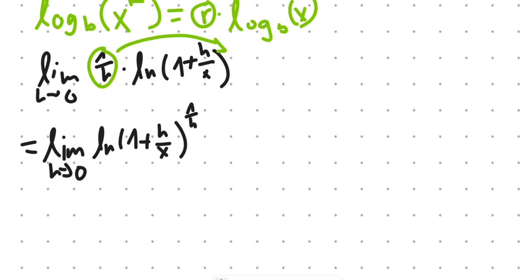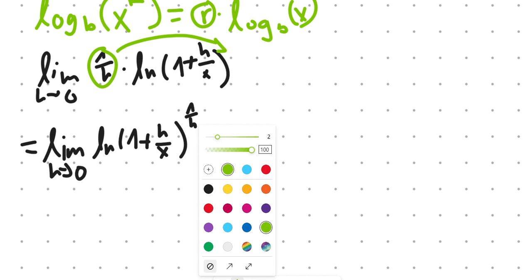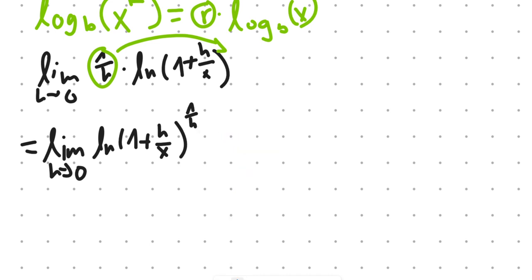Okay, now I would really like to try and get the form of a particular limit. I'm going to let something equal another variable. Let's pick blue, and let t be equal to h over x.